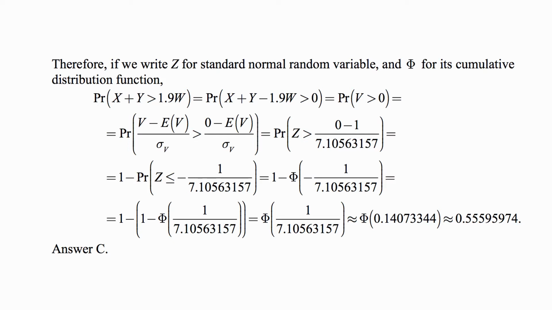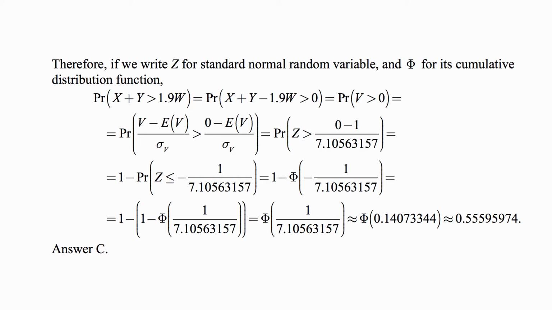So this phi of negative 1 over 7.10563157 is the same as 1 minus phi of 1 over 7.10563157. So the ones cancel and we end up with simply phi of that number, the positive version.